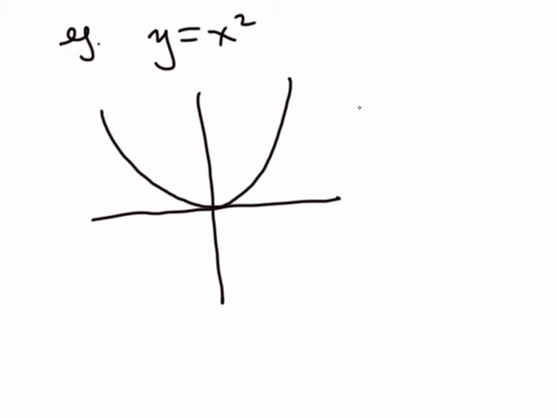Okay, so if you paused it, let's see if what I'm going to put down here is what you would have said. So absolute max, there is no highest value, so this is going to be none. But the very lowest value that you get happens at x equals 0.